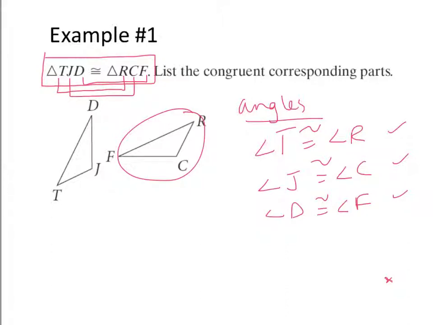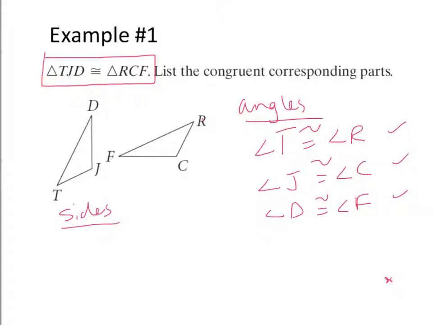Now, with angles, I can do the same with sides, because there's three sides. So with sides, again, I'm going back to the actual statement above rather than the diagram because I don't want to mess up. In the diagram, I'm going to use side TJ is congruent to side RC, and that's how I write it.